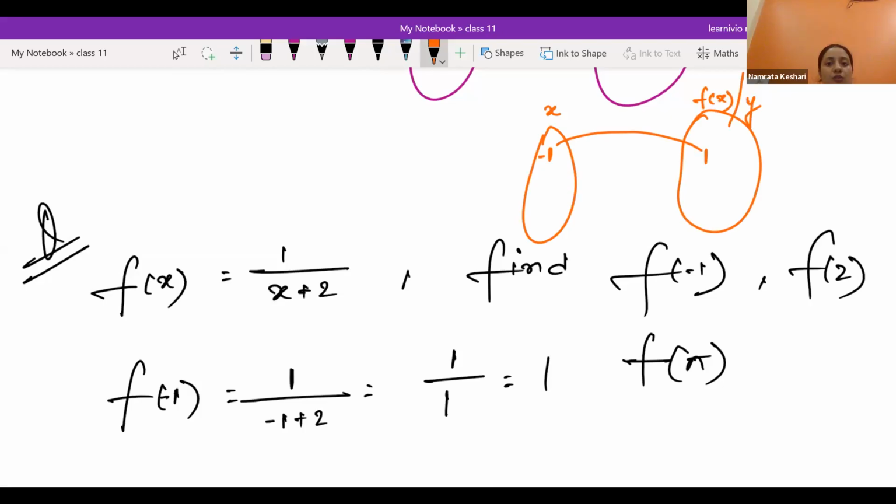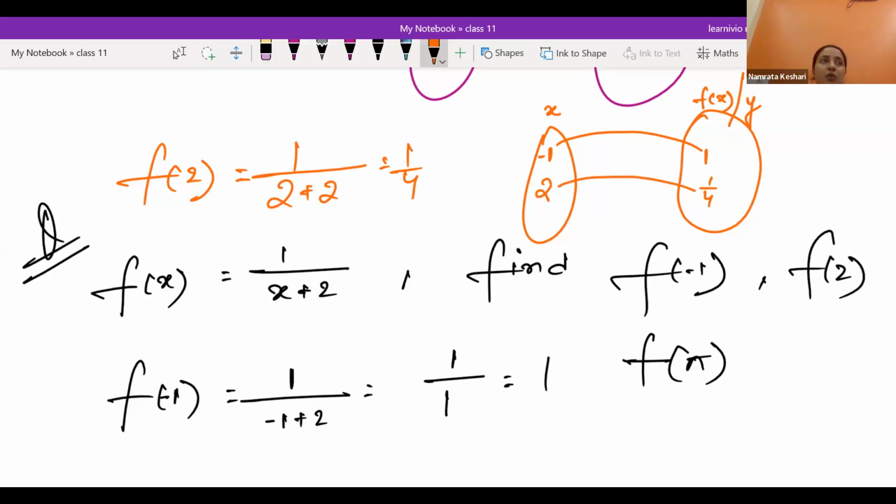Yes. If x is 2, f of x will be 1 by 2 plus 2, that is 1 by 4. So here we can write it this way: if x is 2, f of x is 1 by 4. Why are we writing only a few elements in the first set?